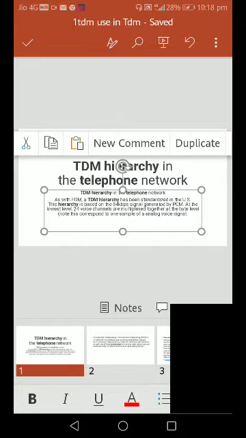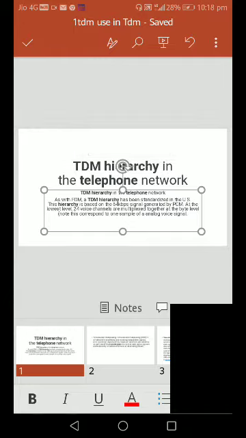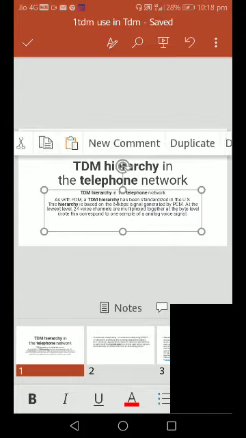When we are using pulse code modulation, the signal is converted into a bandwidth of 64 kbps. That can occur from the number of samples into the number of bits. That's why bandwidth is equal to bitrate, which is equal to n into f_s. N is 8 bits and f_s is 8,000 samples per second.